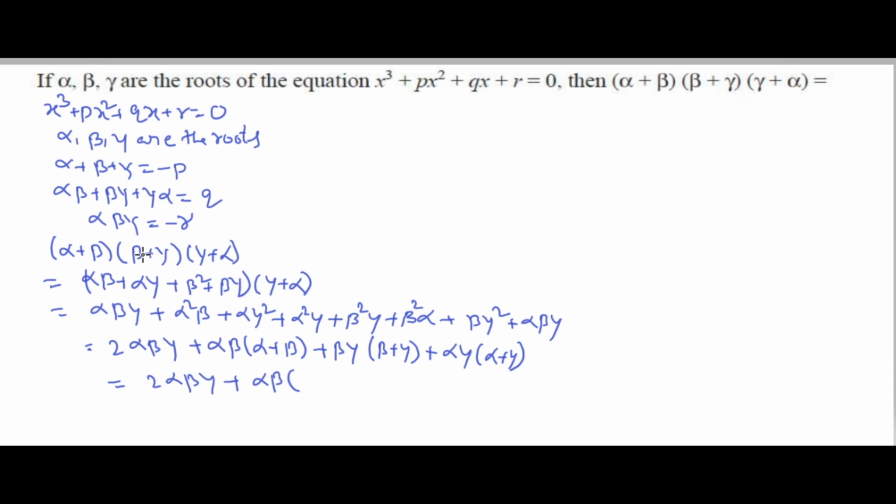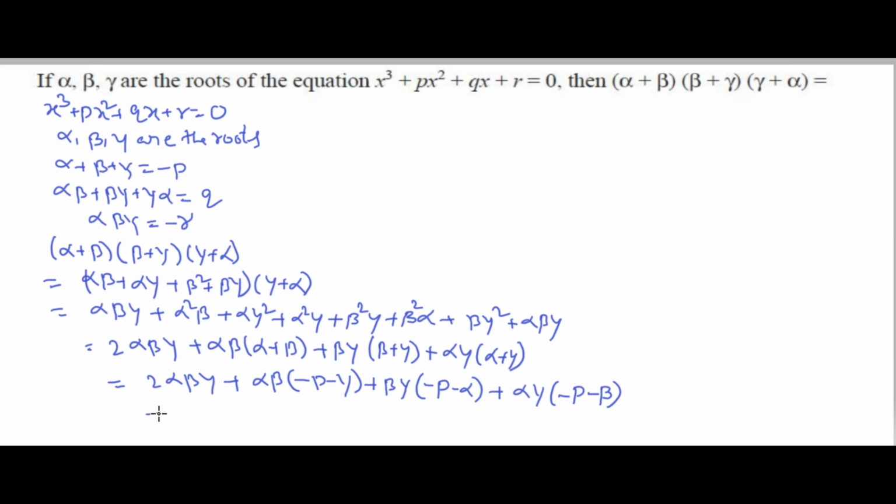The alpha plus beta value is minus p minus gamma, plus beta gamma into beta plus gamma, which is minus p minus alpha, plus alpha gamma into, that is minus p minus beta.